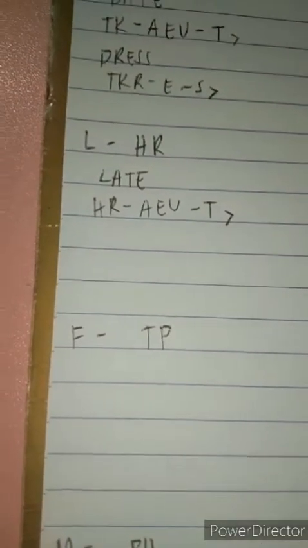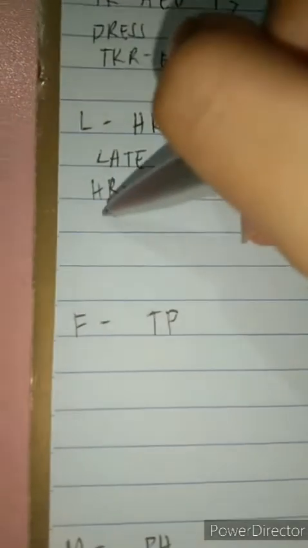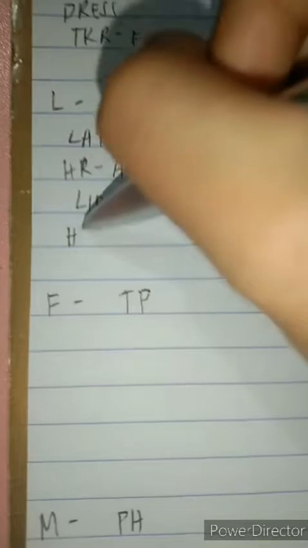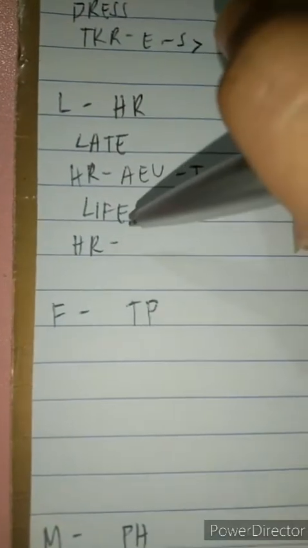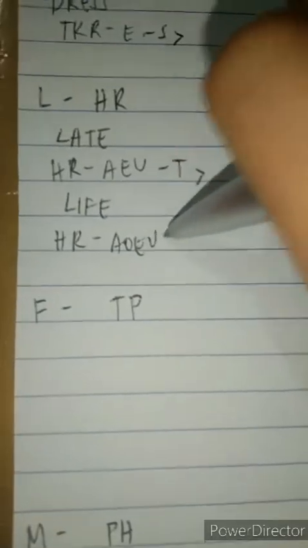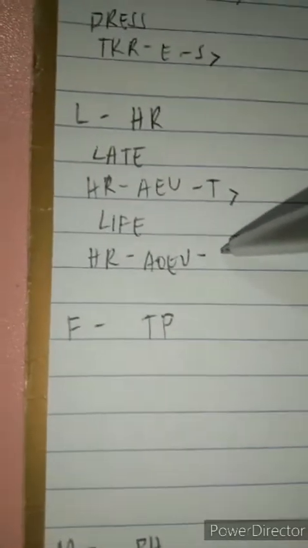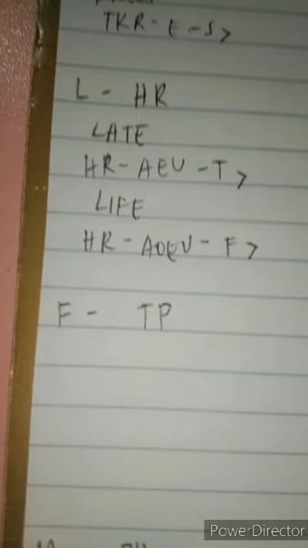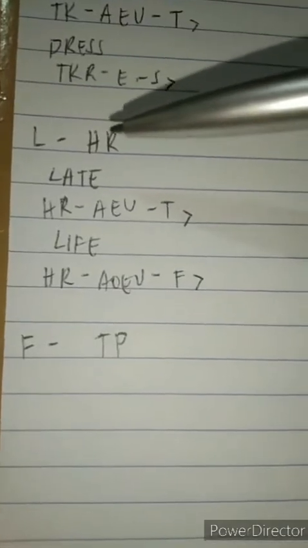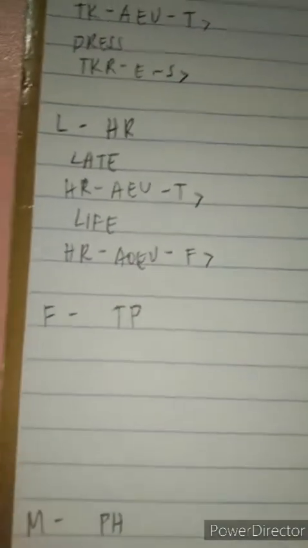Okay, another example, the word life. So, HR, and then long I, which is A, O, E, U, and then ending sound F, and then release. So, that's the letter L, represented by HR: late, life, those are the examples.